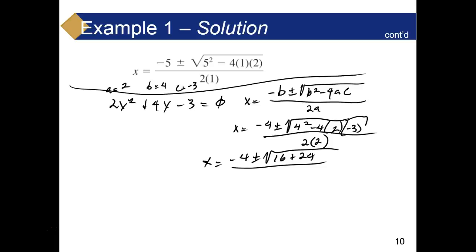Count my minus signs. How many you got? 2. That means it's going to be plus. Even number of minus signs always is plus. Odd number of minus signs always minus. That's a plus 24. Got it. And over 4. So this will be minus 4 plus or minus the square root of 40? Is that what you said? I thought so. Over 4.